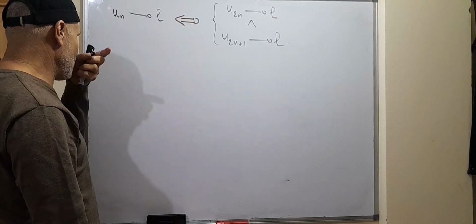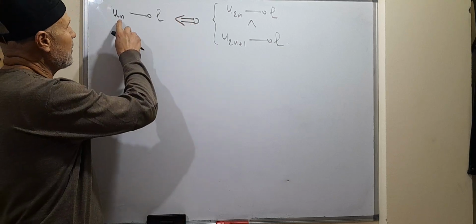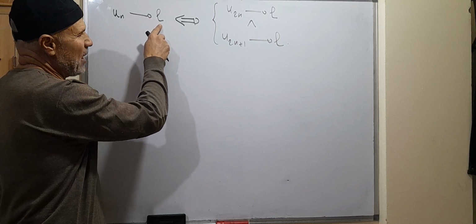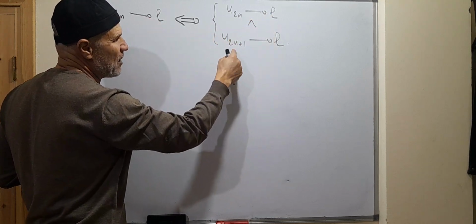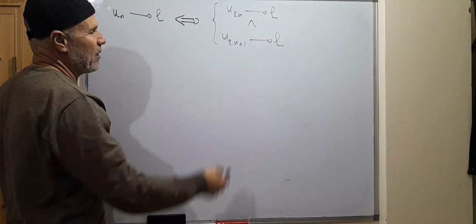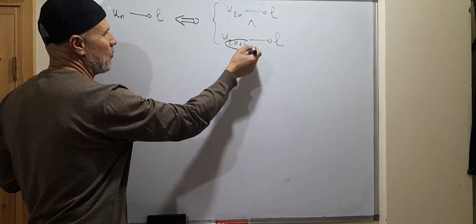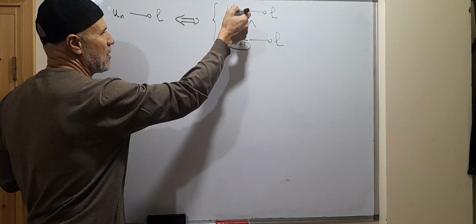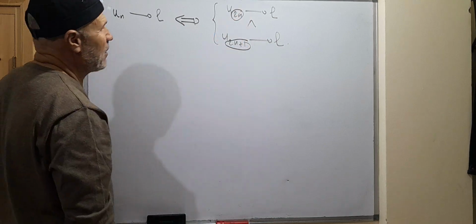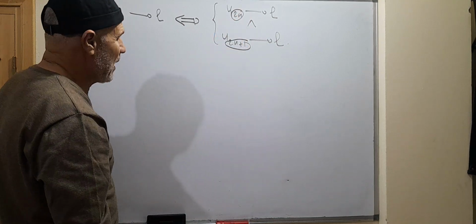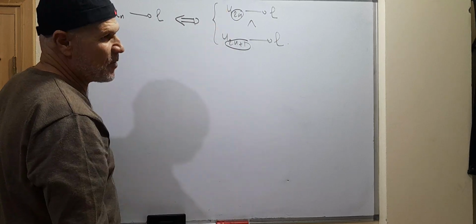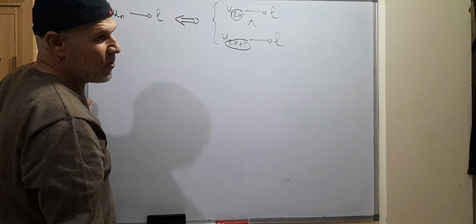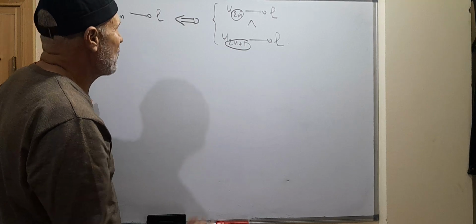If we have u_n converges to L, this implies that u_2n converges to L and u_2n+1 converges to L, because these are defined subsequences and this is an increasing function from N into N. So we have two subsequences and they converge to the same limit.